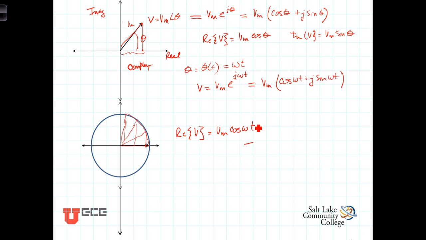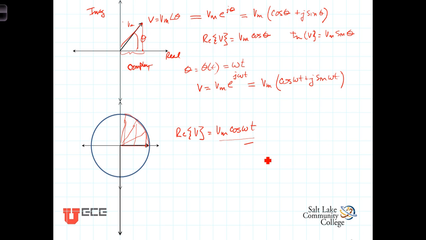And hopefully now you'll start to see where we're headed with this. This v sub m cosine omega t is the way of numerically or mathematically representing a waveform that's oscillating cosinusoidally at a frequency of omega radians per second.